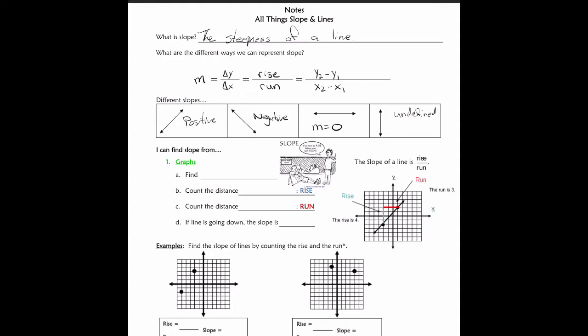Now, there are a lot of problems that we can use slope for, and there's a lot of ways to find slope given different aspects of the line. So the first thing we're going to look at is finding the slope given a graph. So given a graph, I want to find 2 points.